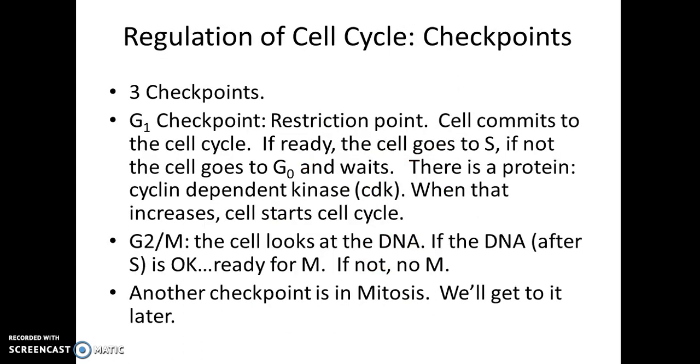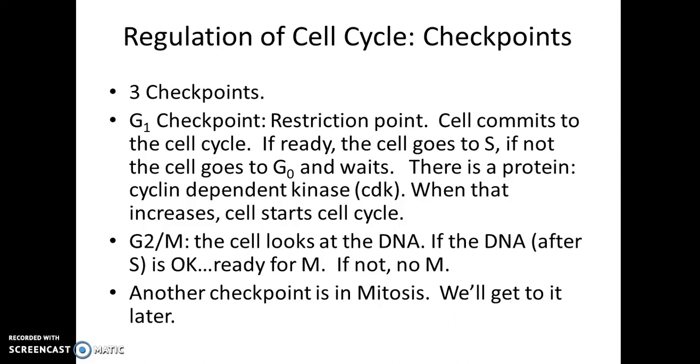So there are 3 checkpoints in the cell cycle, 3 places where the cell cycle can stop. The first checkpoint is in G1. That's called the restriction point, or the R point, and when the cell goes past this restriction point, it will commit to the cell cycle.